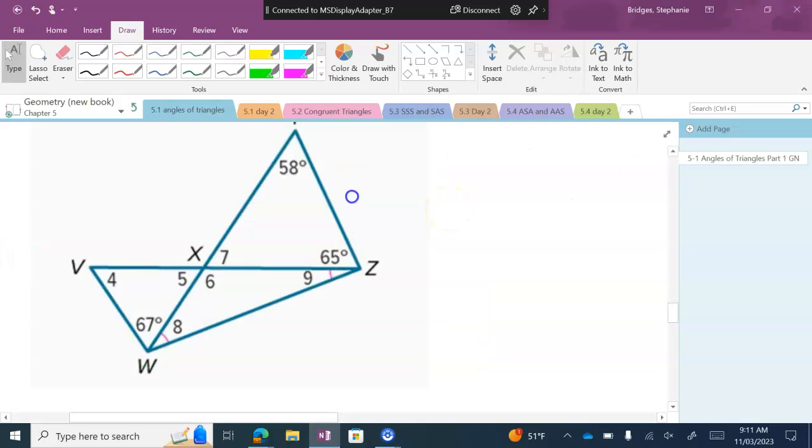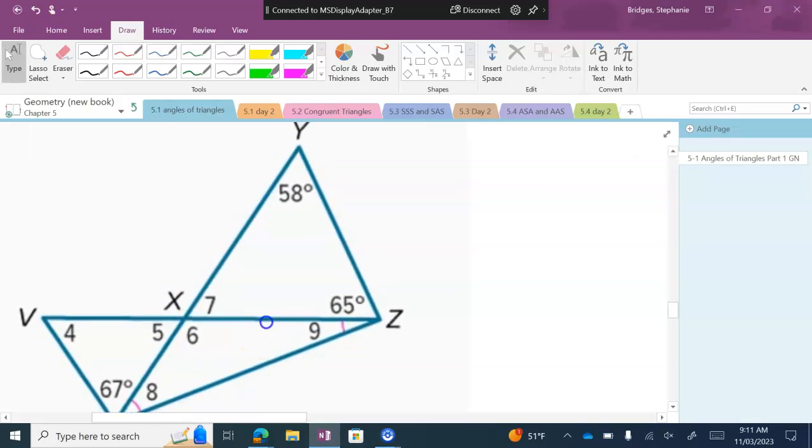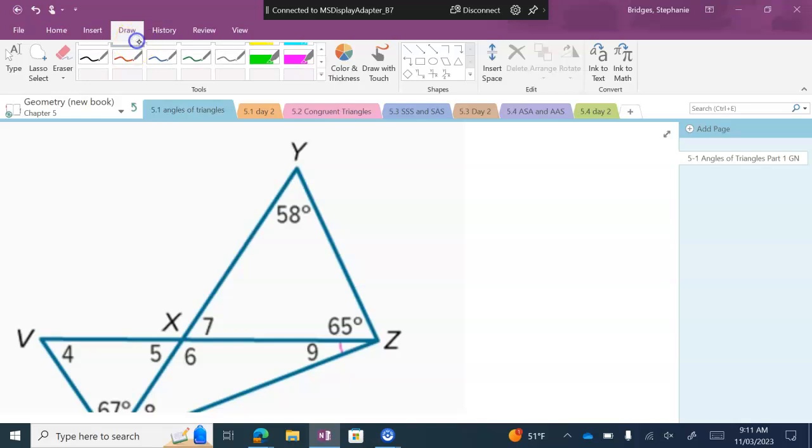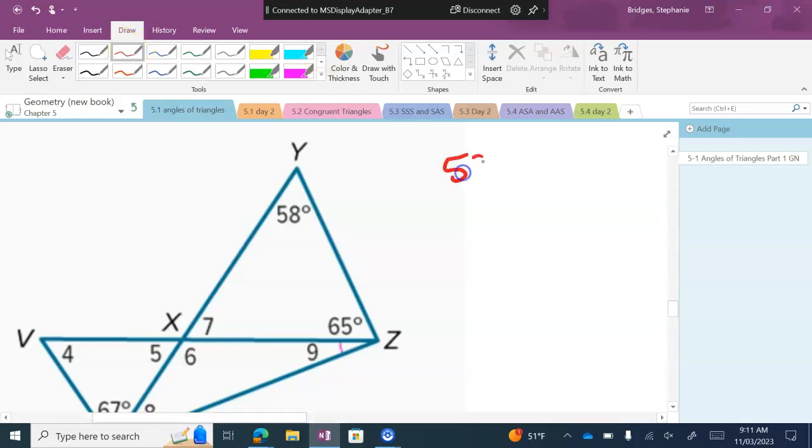Start with this triangle. Do you notice that you have 2 out of the 3 angles for that triangle? The one that I just blew up, the 58 degrees, the 65, you're missing angle 7, yes? So to find angle 7, what are we going to add together? 58 plus 65.